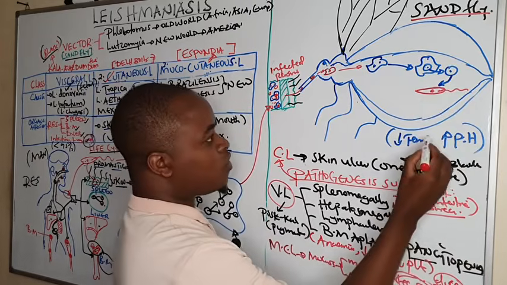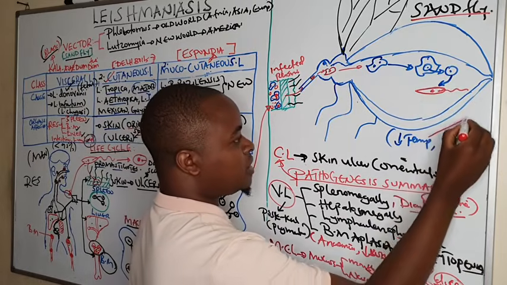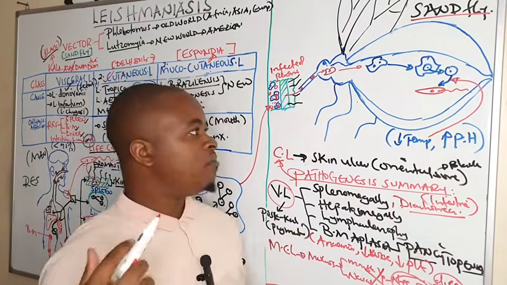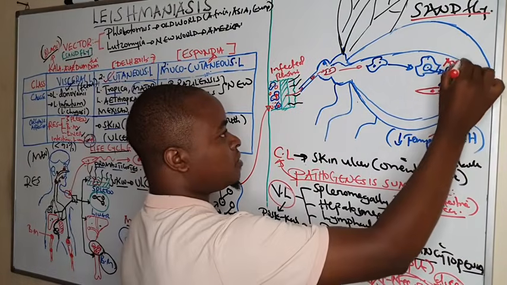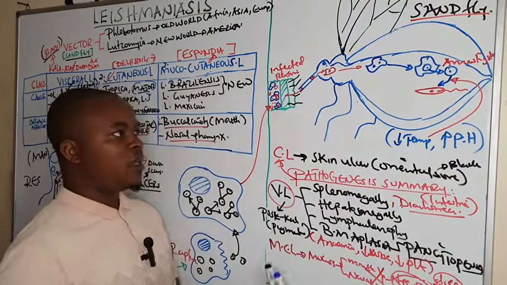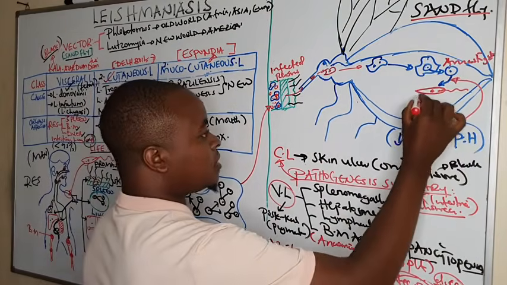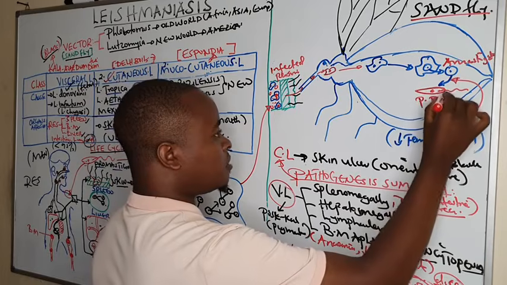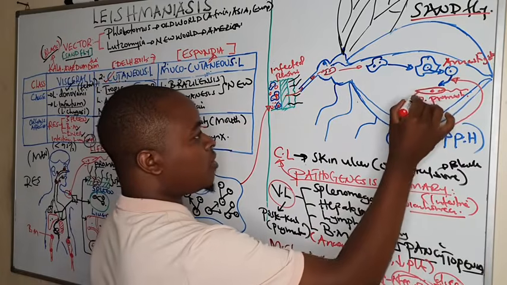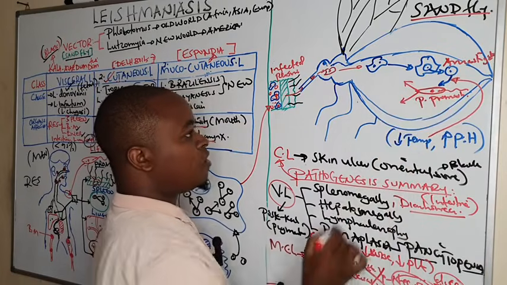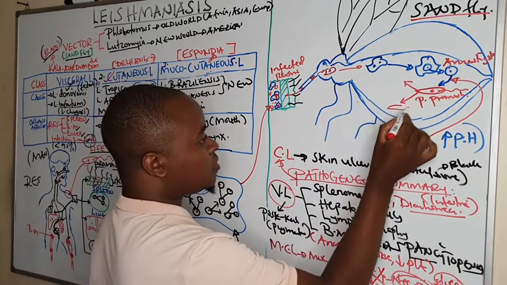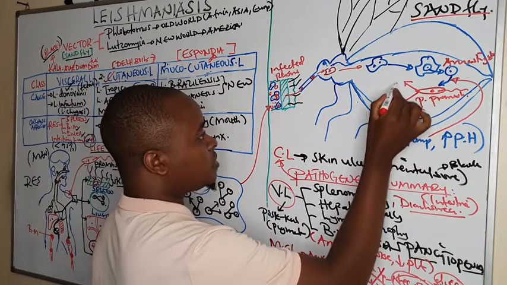What is causing this metamorphosis is the decrease in temperature and increase in pH, which triggers metamorphosis of the amastigotes released from the macrophages ingested by the sandfly, and we form procyclic promastigotes.